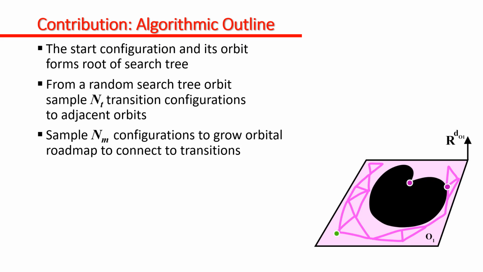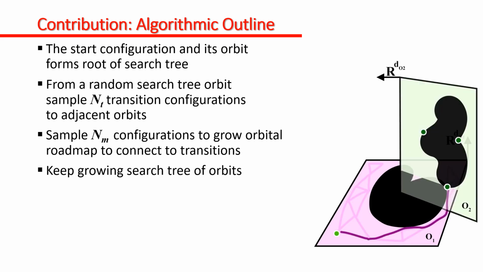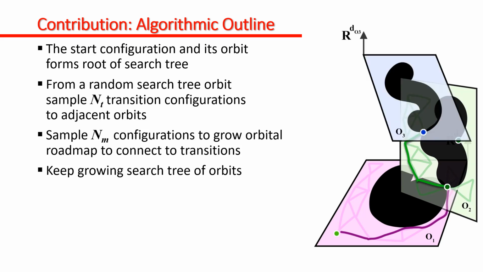Now, once the roadmap connects to a transition configuration, it can be added as a new orbit in the search tree. And this process keeps repeating with new transitions being added and a growing roadmap connecting more and more orbits and adding more orbits to this tree of orbits.